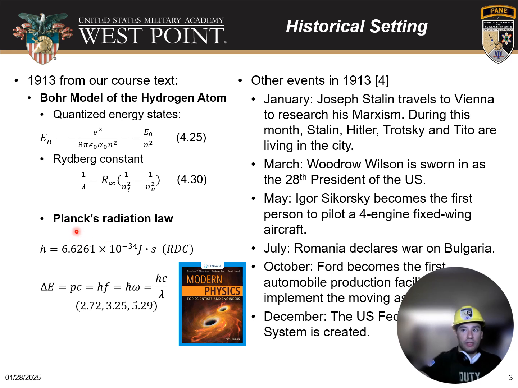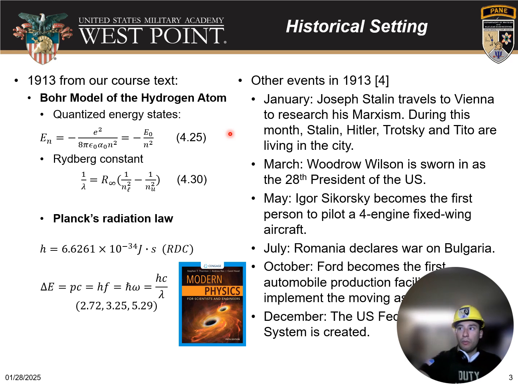Then we're going to be using Planck's radiation law with Planck's constant, which is in the PRC as well. And we had the phenomena of waves and particles and how they behave, and this equation is also in the PRC.